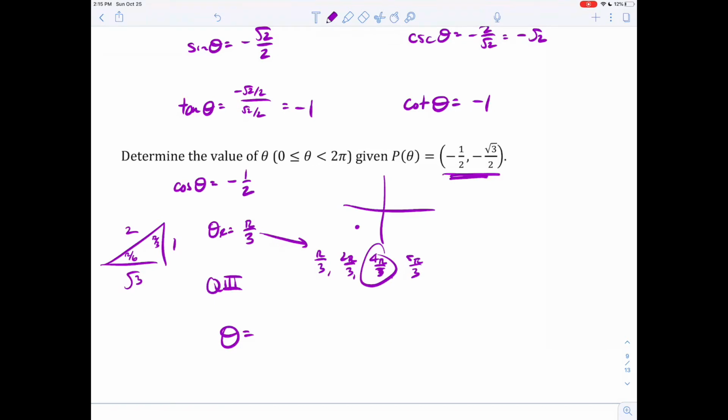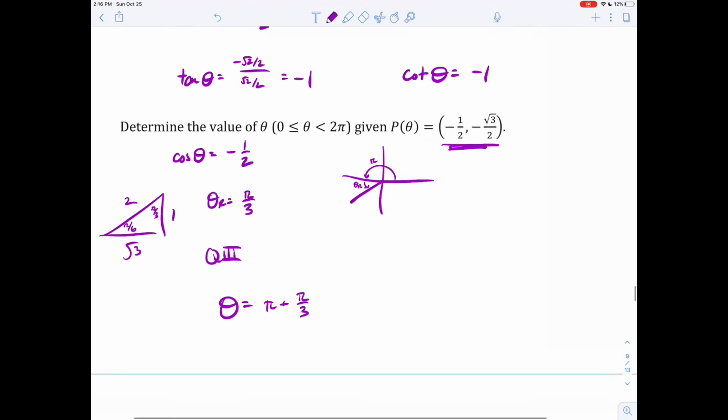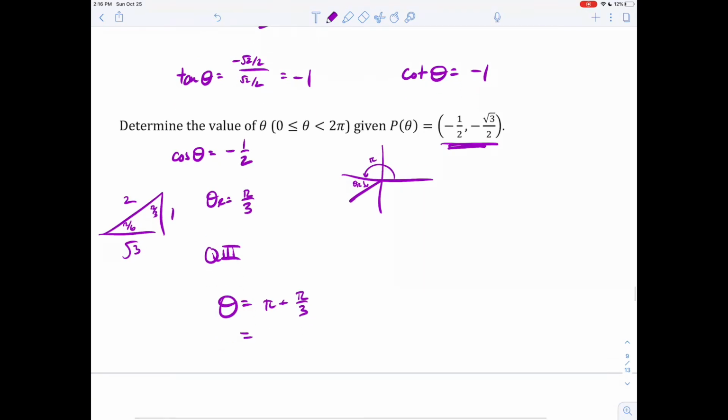There's your quadrant 3 version. How else can you get that? You could say that in quadrant 3, we have to go pi plus the reference angle. So pi plus pi over 3, which in this case is 4 pi over 3. Ta-da!